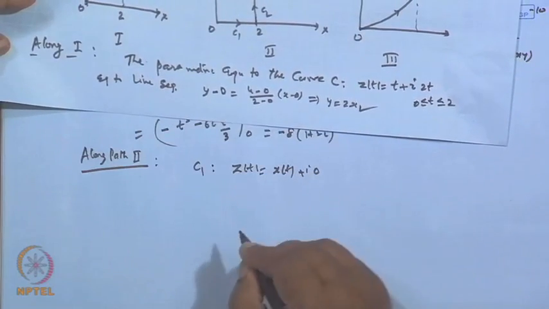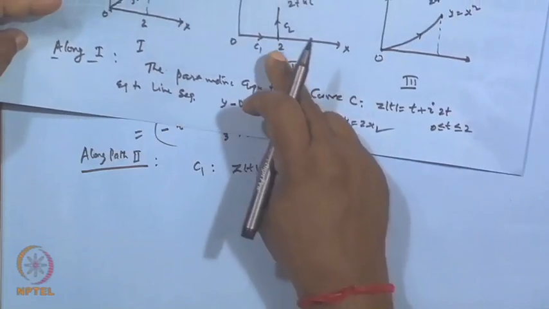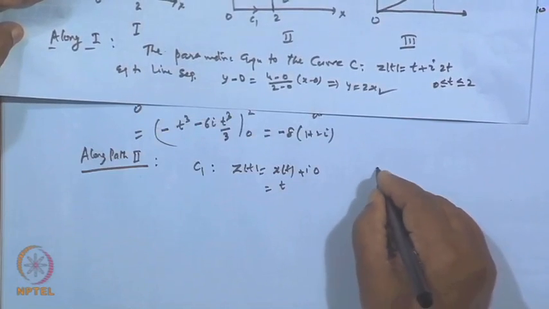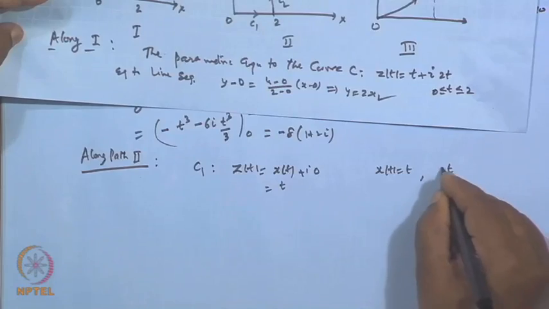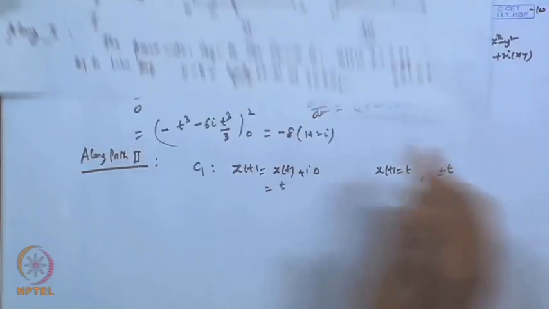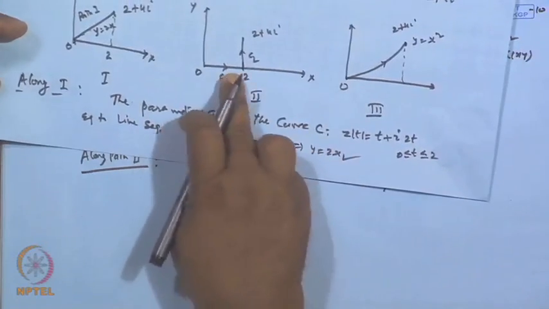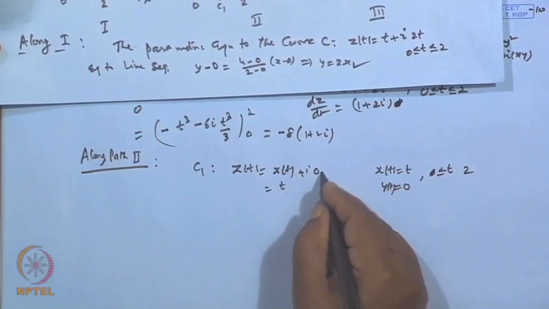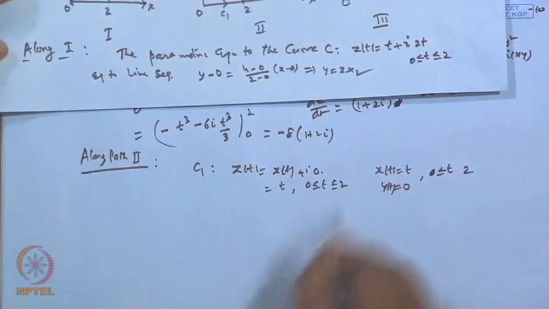What is x(t) here? x becomes t, where t varies from 0 to 2, and y is always 0 along this path.